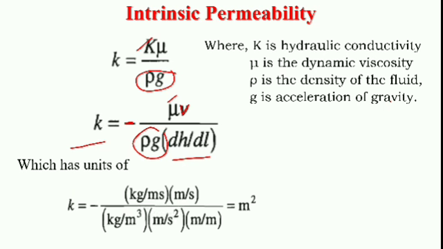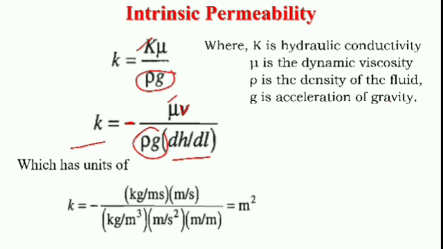If you write the units of all these, what is the unit of mu? Mu is the dynamic viscosity, that is kg per meter per second. V, the velocity, is meter per second. Rho is the density of the fluid, with the unit of kg per meter cube.